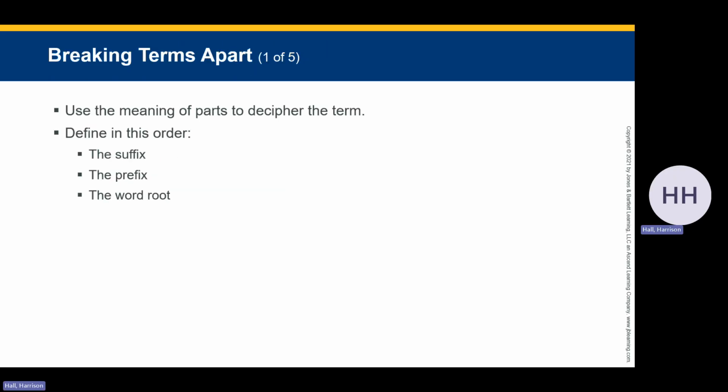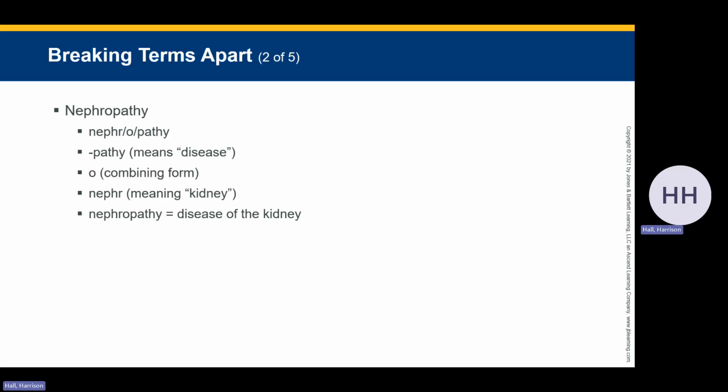Okay, so let's talk about breaking down some medical terminology. We've got defining in this particular order here. So we need to have the suffix go first, the prefix we're going to do second, and the word root would be third. So let's take a look at this one. Neuropathy. We're going to do the suffix first, but here's how it kind of breaks down, right?